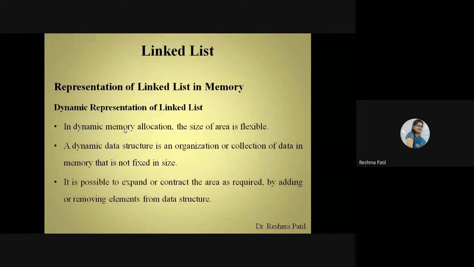In dynamic, opposite to static, in dynamic memory allocation the size is flexible. We can increase or decrease that size. A dynamic data structure is an organization or collection of data in memory that is not fixed in size. It is possible to expand or contract the area as required by adding or removing elements from the data structure.